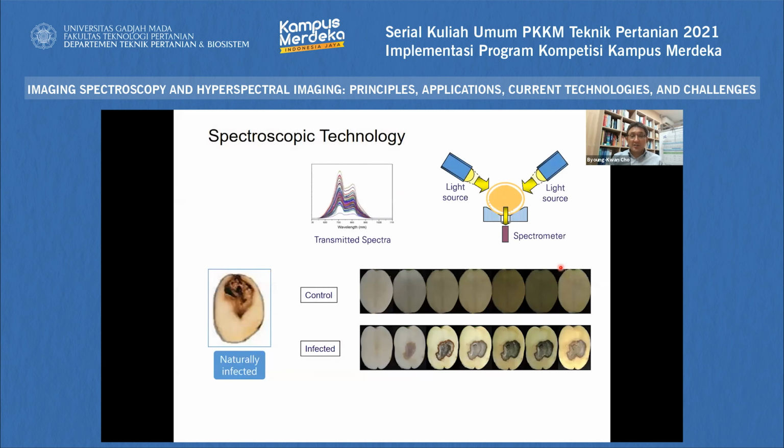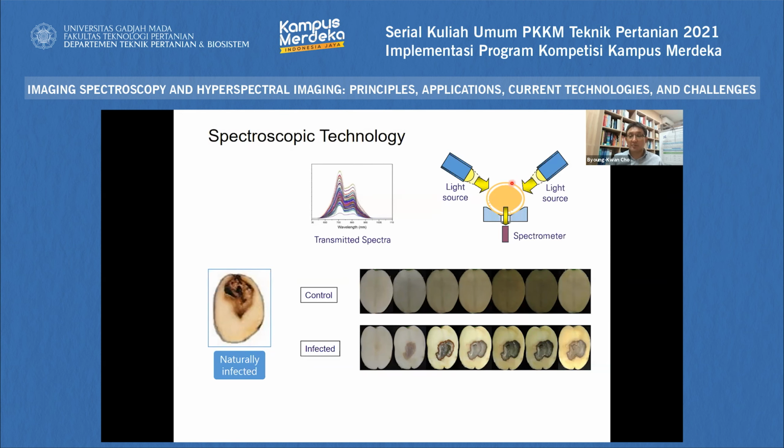Okay, let's use the spectrum for agricultural material. This is about the potato. A sound potato and an impacted potato, a bacteria-impacted potato. The outside looks okay, but inside there are some bacterial infections, so it is bad.